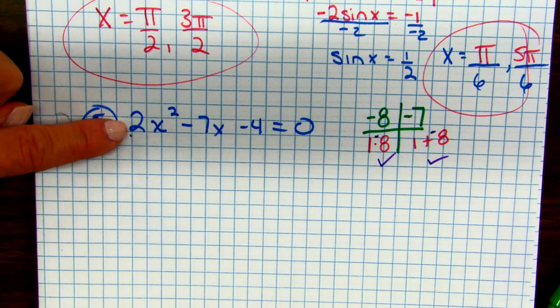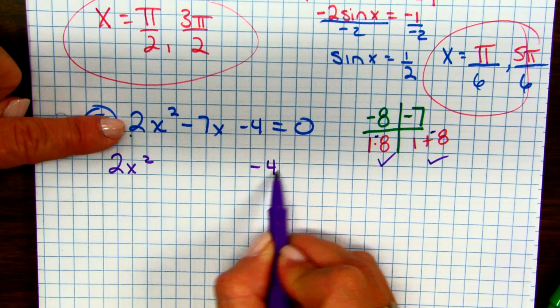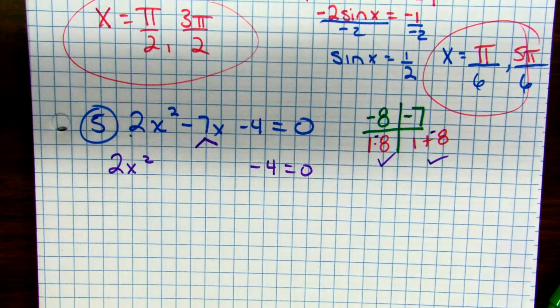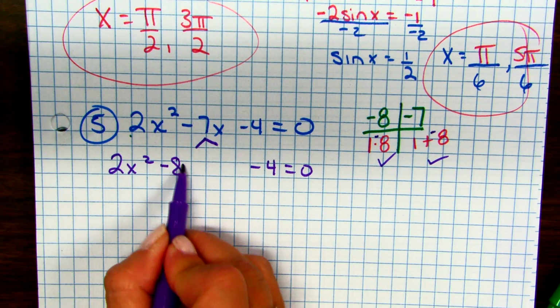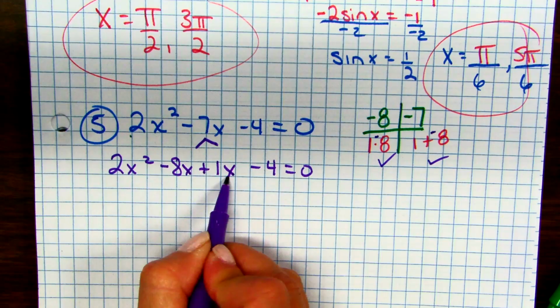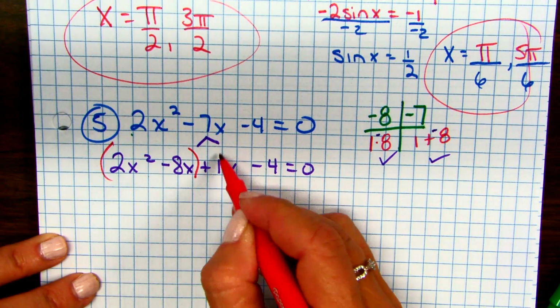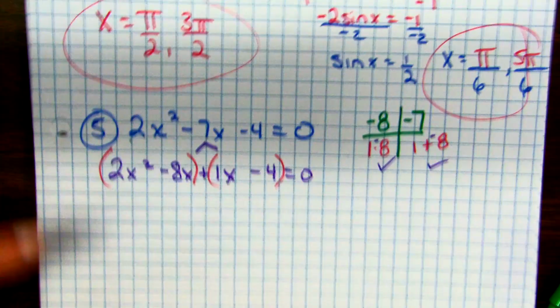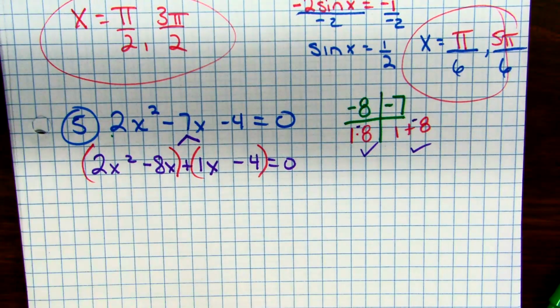Because of this 2, I'm going to bring down the outside 2 terms and split that middle into these 2 numbers. I like to put the negative first. Don't forget to put an X on both of them. And then you do your grouping. Okay, this step right here is GCF. What we're doing here is exactly what we did in number 1. Looking at a binomial, what do they have in common?